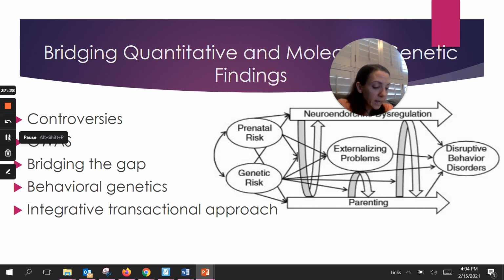It talks about parenting, the link between parenting and that neuroendocrine dysregulation, so having too much of that stress hormone, and externalizing problems in parents. There is some support. Genetic influences on externalizing problems and poor mental health prenatally are all associated with disruptive behaviors. Substance abuse prenatally is associated with substance use disorder. Prenatal mental health predicts neuroendocrine dysregulation. And neuroendocrine dysregulation is a biological risk for disruptive behaviors.